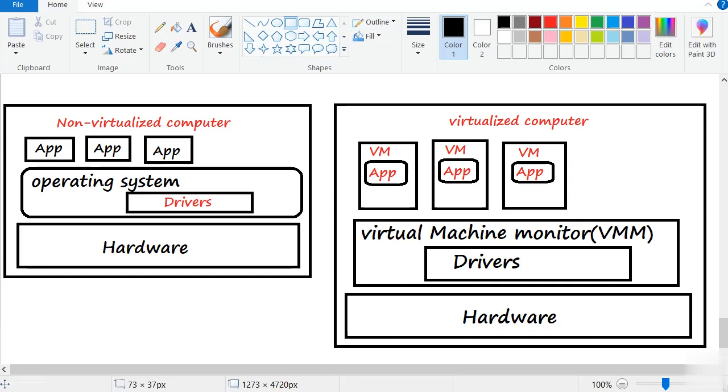So this is how a virtualized computer looks.